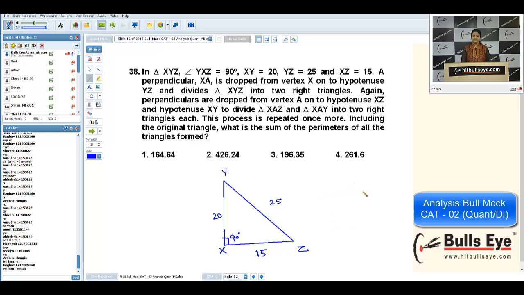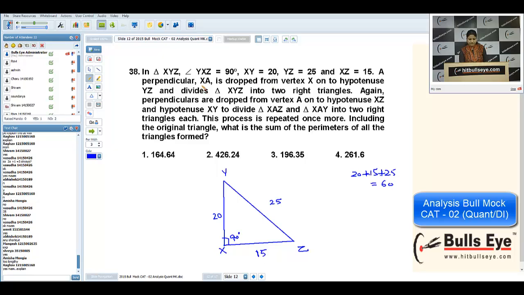The sum of the perimeters of all the triangles formed. Some pattern is given, and you are drawing that pattern 4 times. So what will be the perimeter of the original triangle? It will be 20 plus 15 plus 25, that is 60.